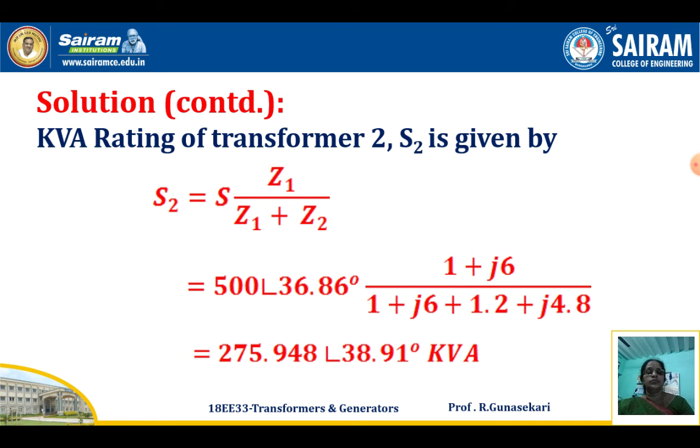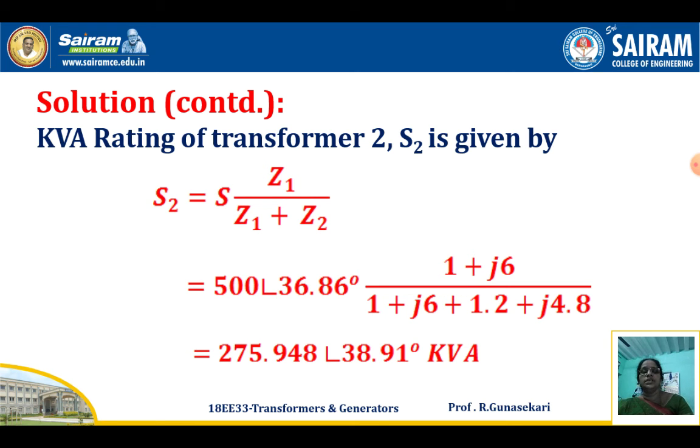Z1 is 1 plus j6, divided by Z1 plus Z2, which means 1 plus j6 plus 1.2 plus j4.8. After simplifying this equation, finally we got 275.948 as the magnitude, and the angle is 38.91 degrees. The unit is kVA.